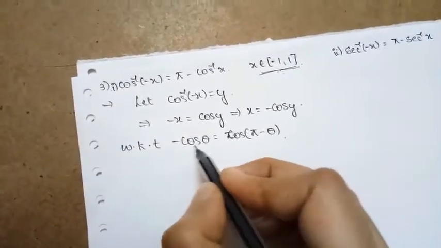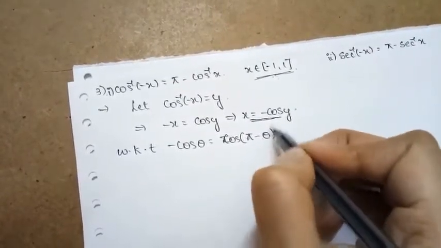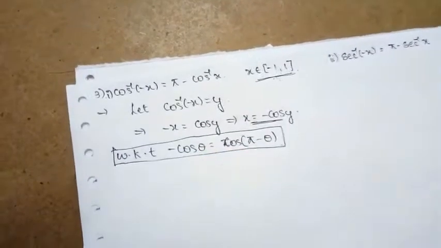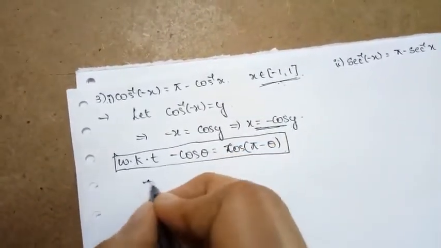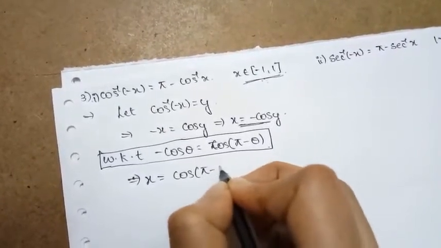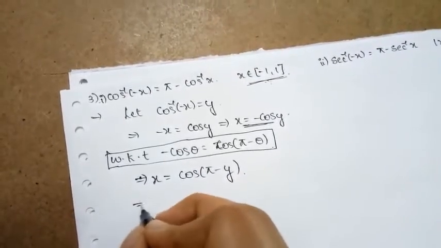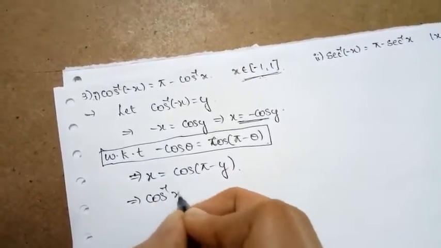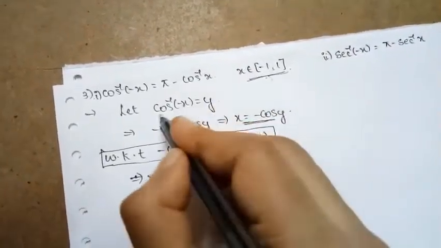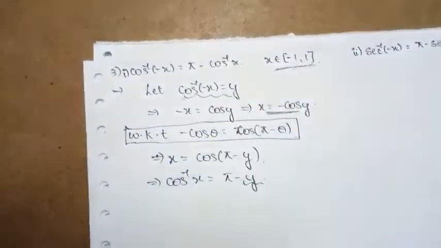So now what happens? Here, x is equal to minus cos y, I can write it in this form because we know this property from the trigonometry concept. Therefore, that implies x is equal to cos of pi minus y. So cos of pi minus y implies cos inverse of x is equal to pi minus y. What is y here? That is nothing but cos inverse of minus x.